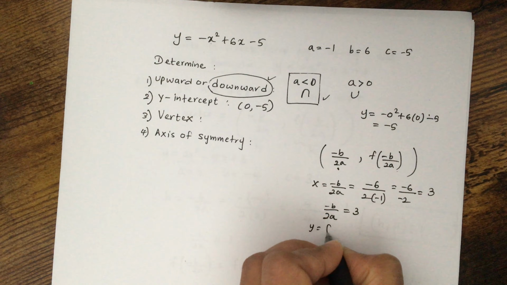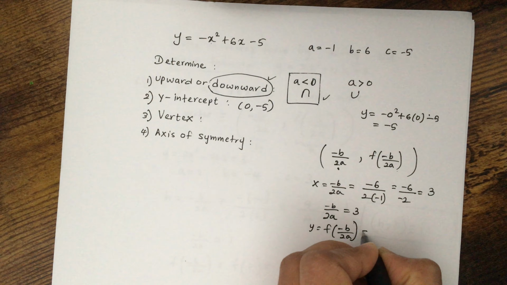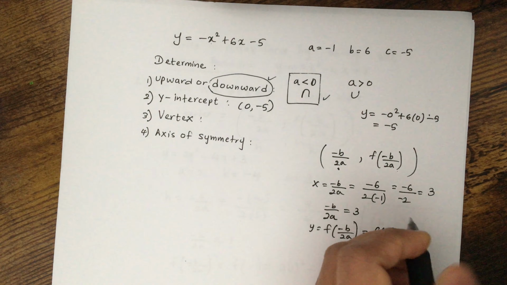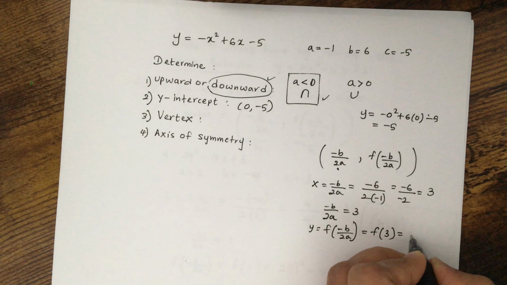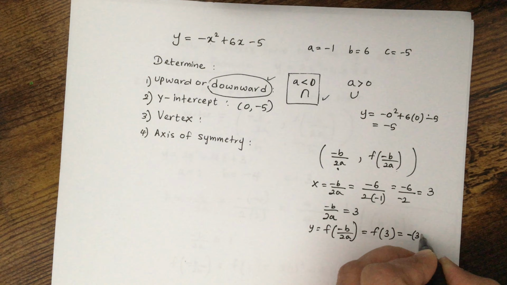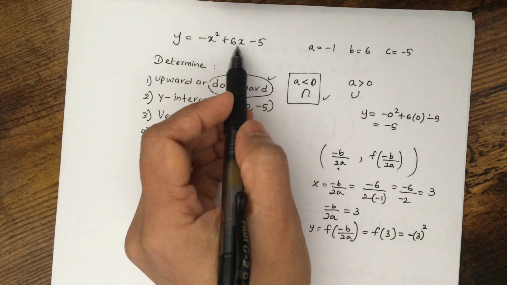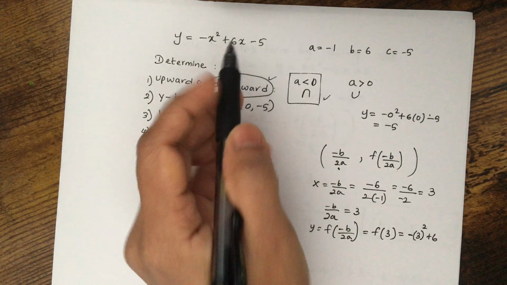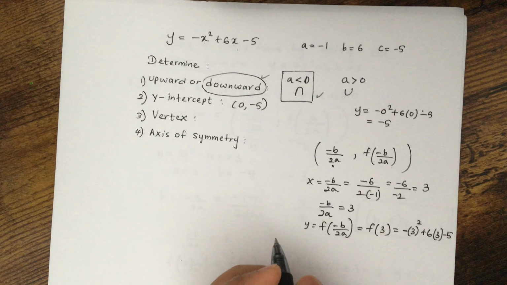So how do you find the y value of your vertex? Your y value, which is f of -b/2a, equals what? f of 3, right? Your function is this one. Instead of x, you have to substitute 3 now. So negative 3 square, plus 6 times 3, and then -5, right?